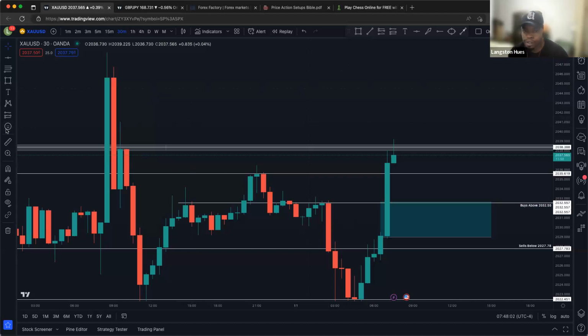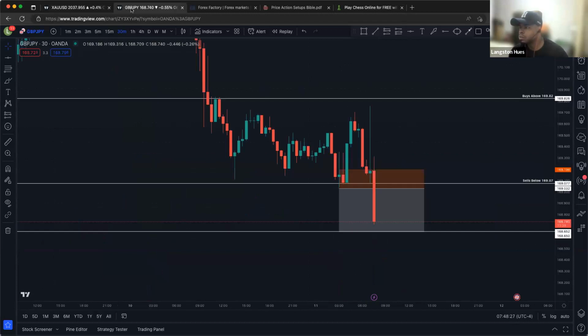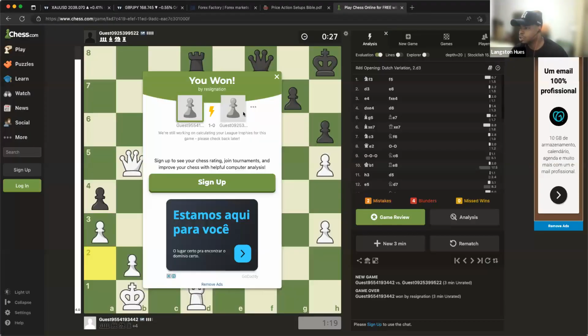Or maybe it's going to come and create the bottom wick that it left behind. We've got 12 minutes until a 1 hour closure.